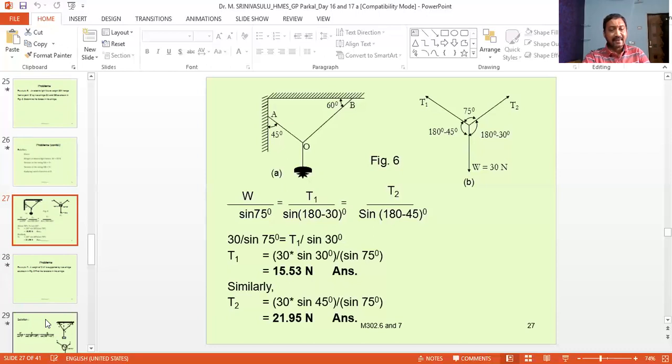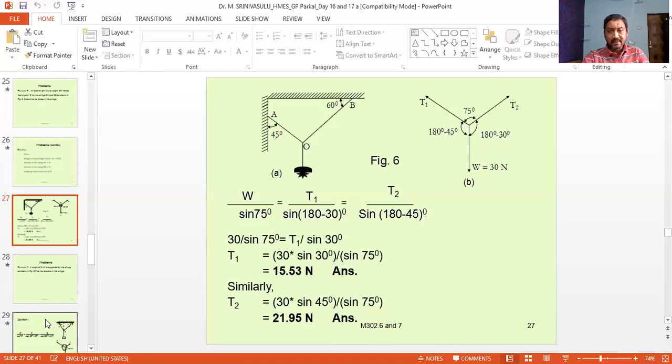We have to find out the angles between each of two forces, and after that we can draw the force diagram, and then by using Lami's theorem we have the equation, we equate it, and we can find out the unknowns. Generally we are supposed to find out the tensions or the forces developed in the strings. So in this way we are able to find out the tensions in the strings by making use of Lami's theorem.